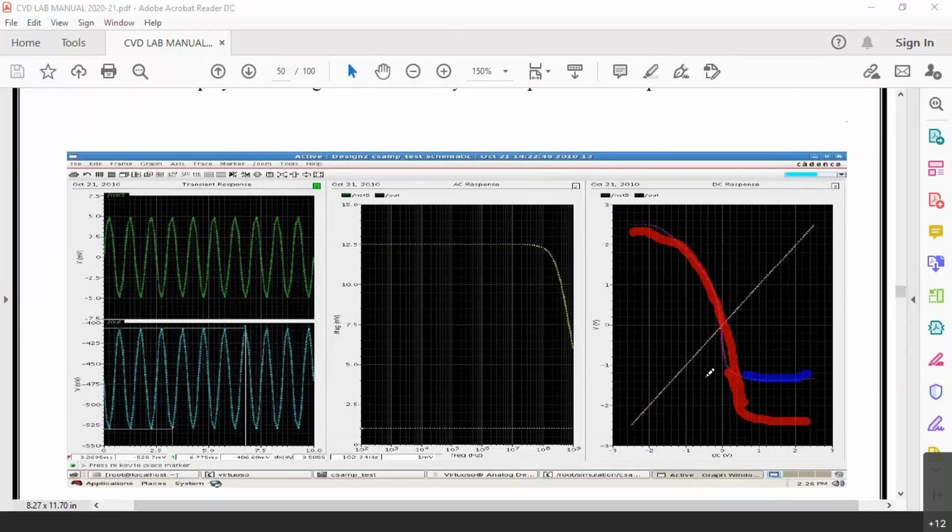It has stopped somewhere at minus 1.2 volts. It was supposed to go to minus 2.5 volts, because it is from minus 2.5 to plus 2.5. If it is given a complete 180 degree, it should work like an inverter only, right? It has to go from plus 2.5 to minus 2.5. But it has stayed here at around minus 1.2. What is the answer?